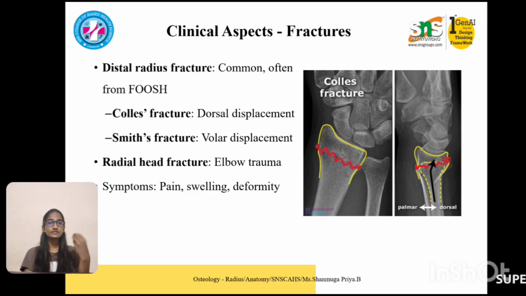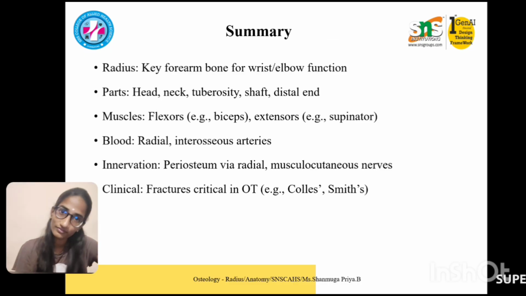Fractures also have symptoms which include pain, swelling and deformity, which is important for OT techs in surgery preparation. Then we are dealing with the summary, or recap, of the radius. To wrap up, the radius is a key bone for wrist and elbow function. The parts include head, neck, tuberosity, shaft and distal end.